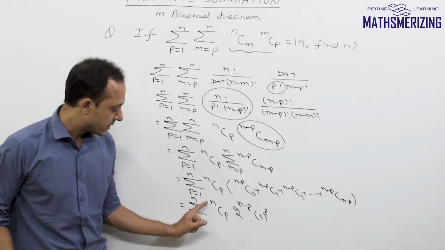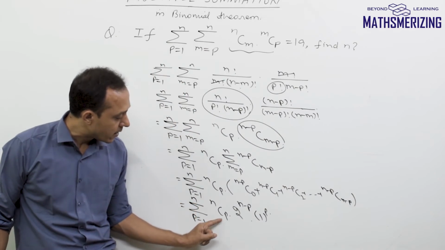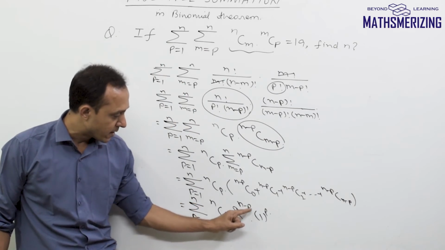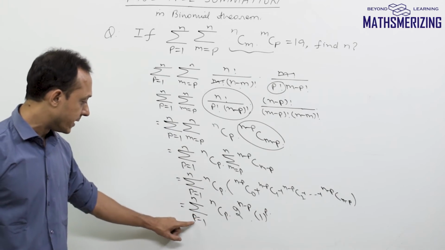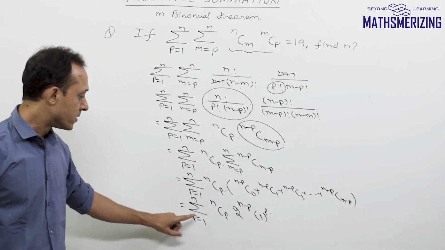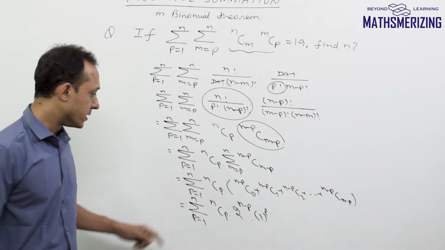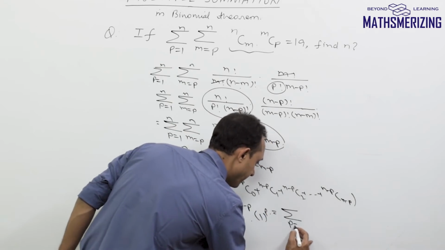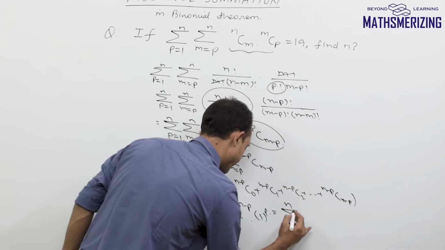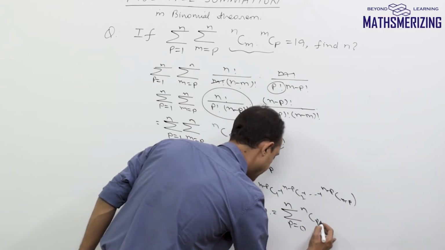So now if I look at this, it seems like it is nCr, a to the power n minus r, b to the power r, and still this first term is missing. So because the series starts from p equals 1, I need to start it from p equals 0.